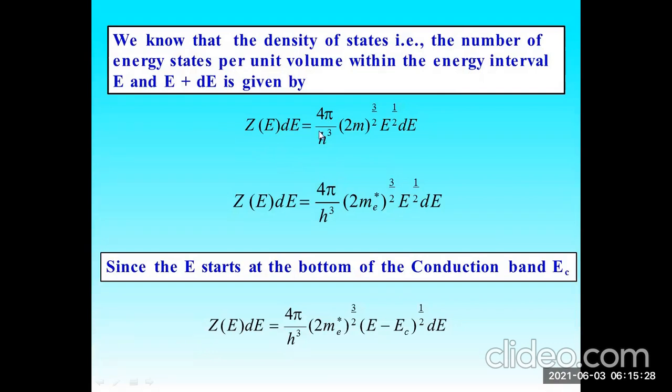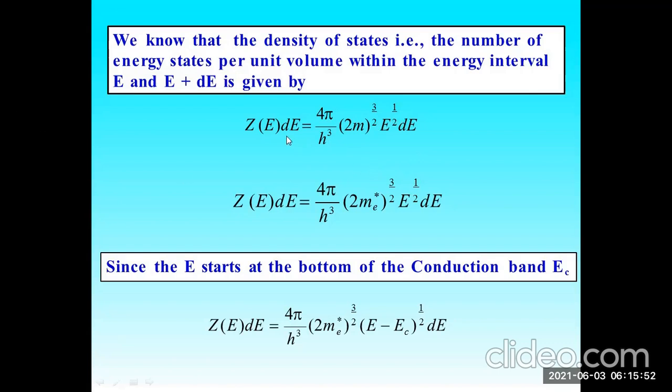Z of E dE is given by 4 pi by h cube into 2m whole to the power of 3 by 2 into E to the power of 1 by 2 into dE. You need to remember this formula by heart.